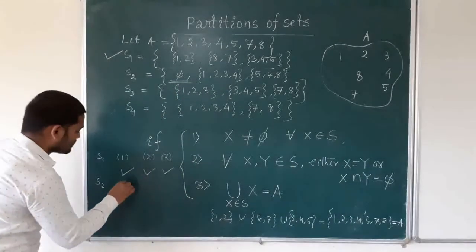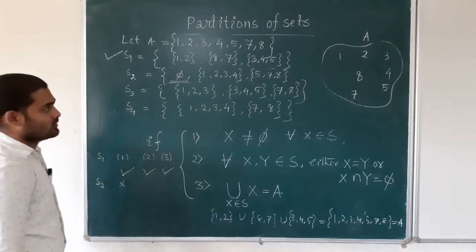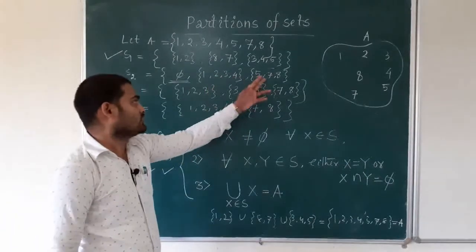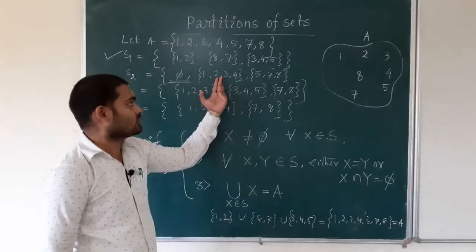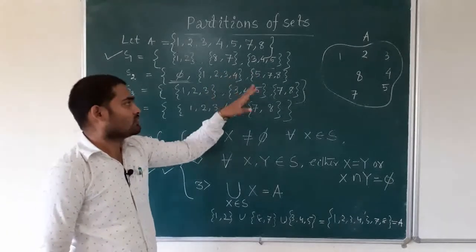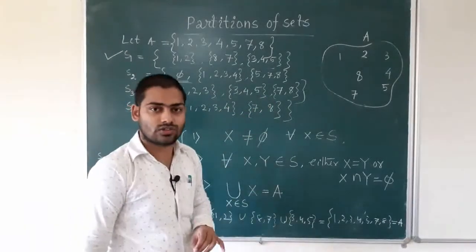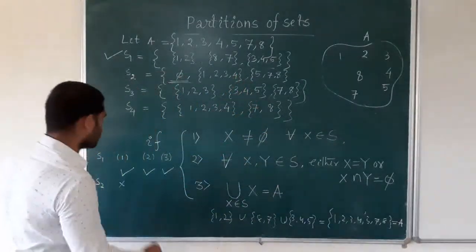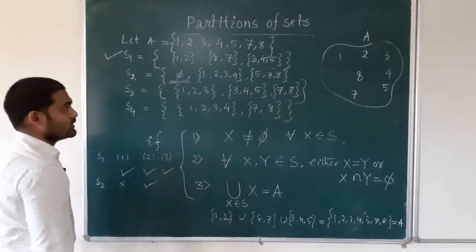So the first condition is not satisfied. Then second, this set and this set are disjoint, so the second condition is satisfied.